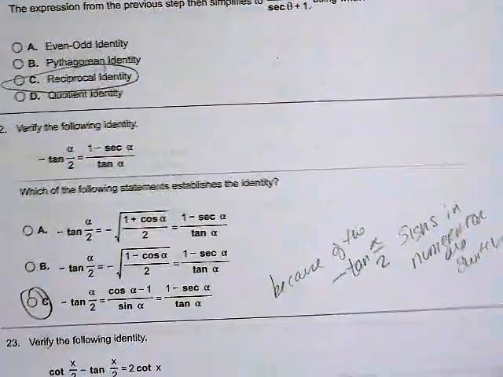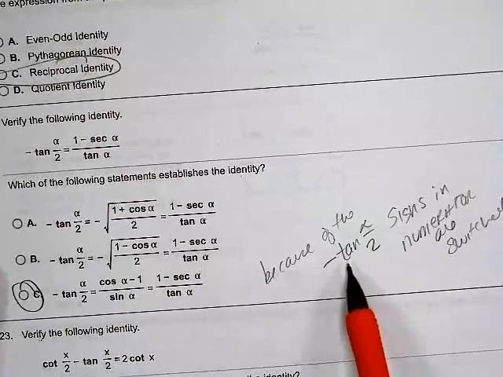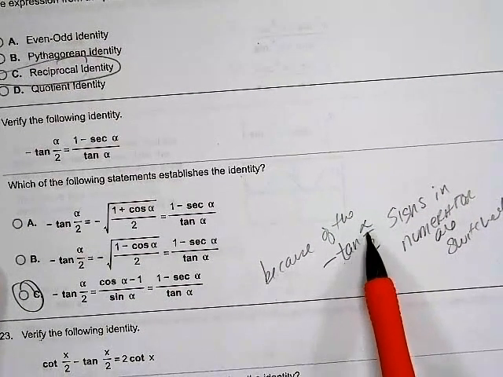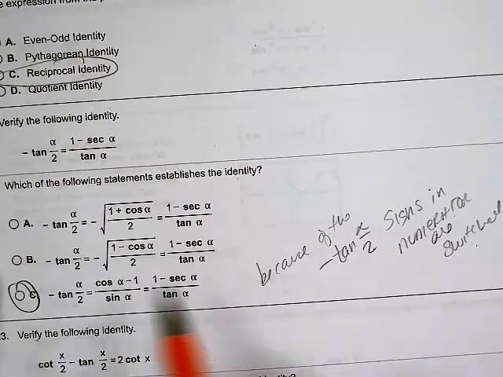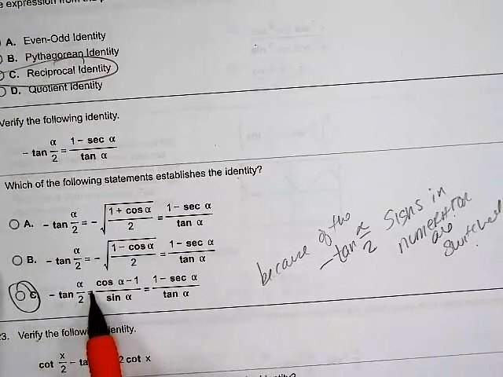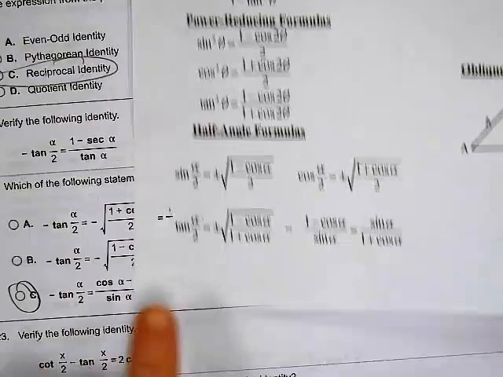22, verify the following identity. Because of the negative tangent of alpha over 2, the signs in the numerator are switched or changed to their opposite. So you're just going to your chart, your half angle. It's tan.